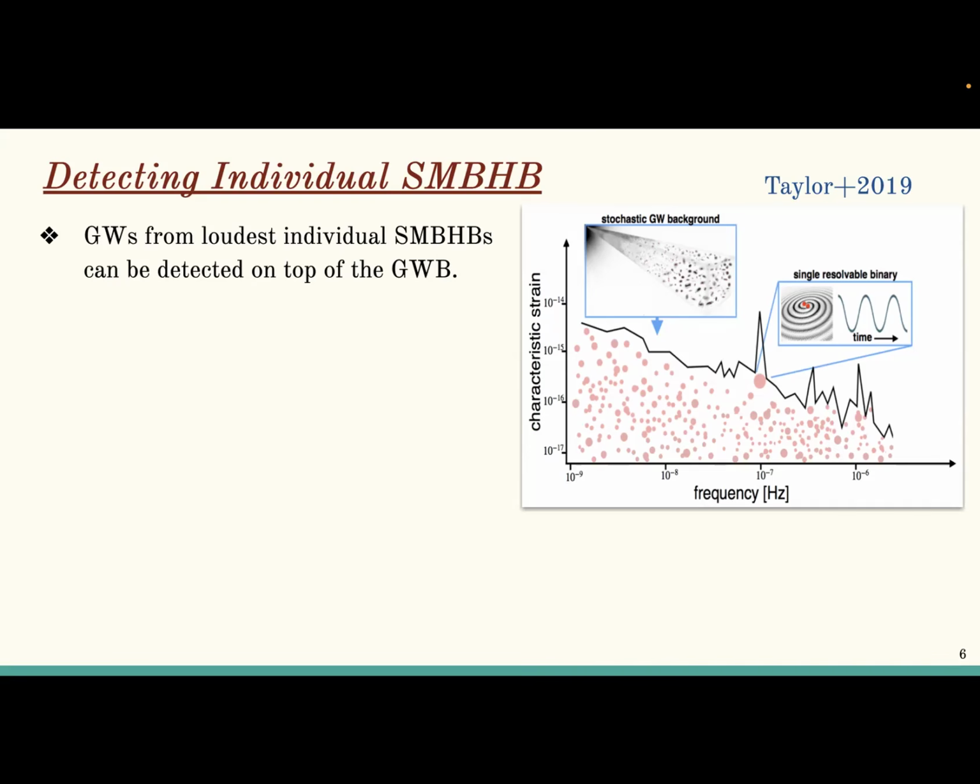For an isotropic background, it should be like a straight line. But as you can see, there will be some individual black hole contributions, like this big red circle, which should peak above the background, and we should be able to detect those. We should be able to resolve those binaries from the background.